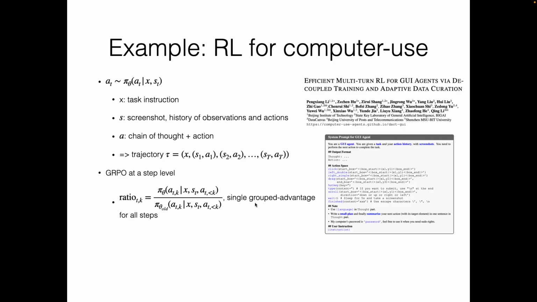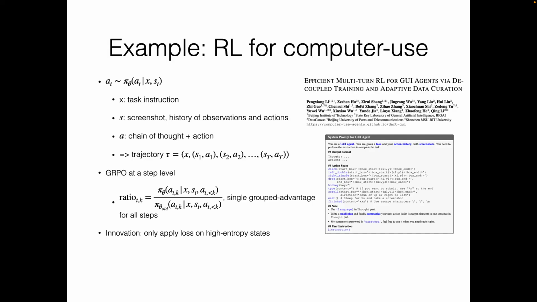Then here, the environments they're working with just have a single reward again at the end. And so here they're just using a single advantage that's applied to all the steps. And so again, this isn't necessarily, oh, they do have one trick though.